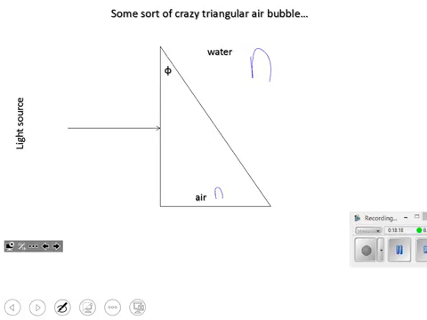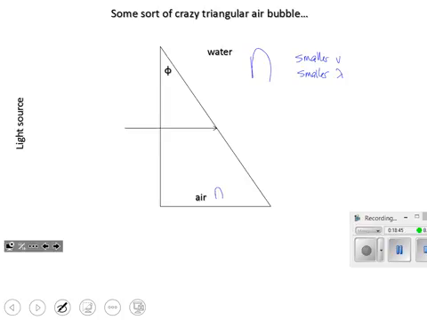So we're going more to less, and remember, big n means smaller v, smaller wavelength. So when we go to a smaller n, that means a bigger v. This wave doesn't change direction, but does change speed.